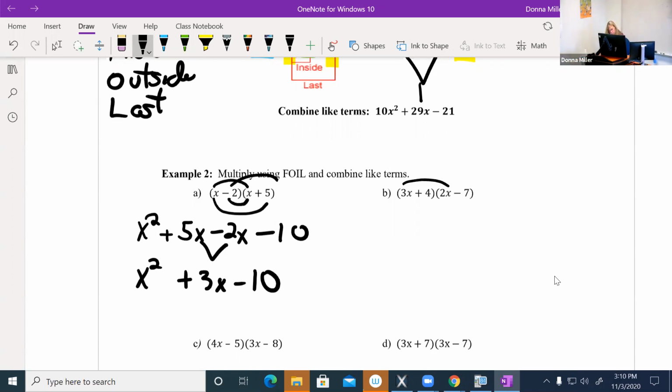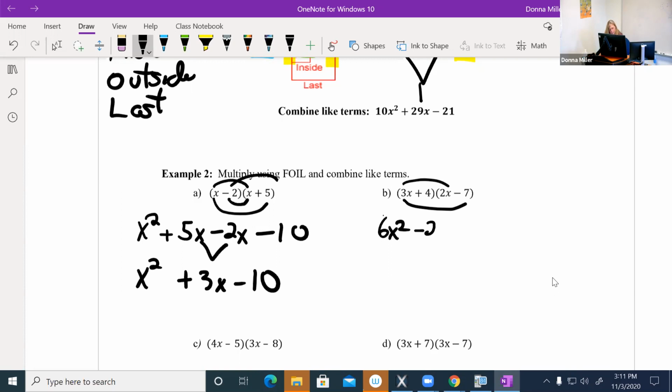All right, so first would be, you guys tell me. 6x squared. 6x squared, it's outsides. Outsides.